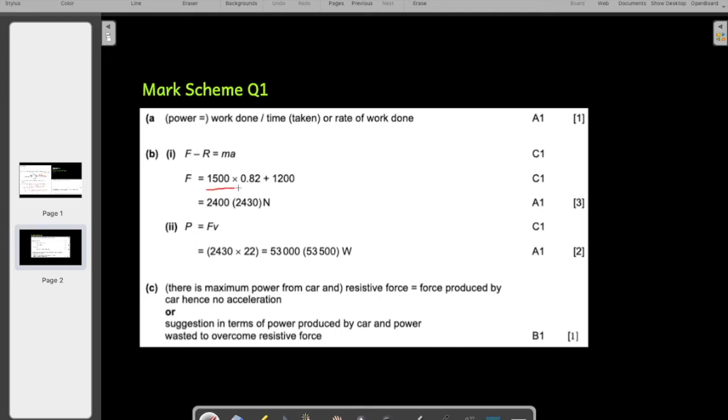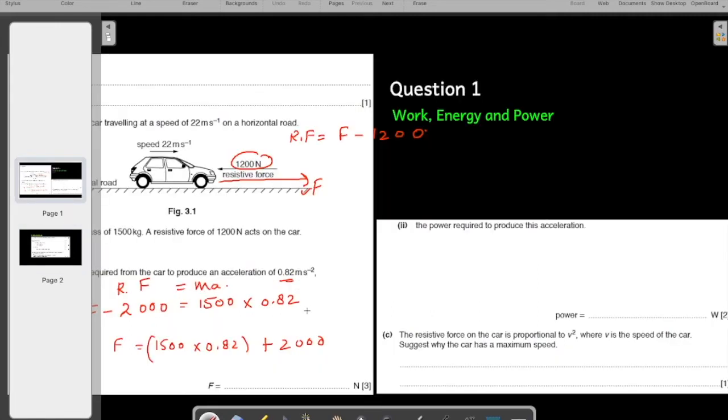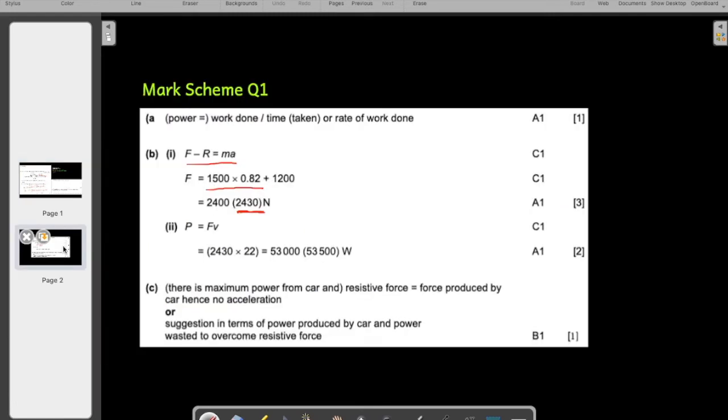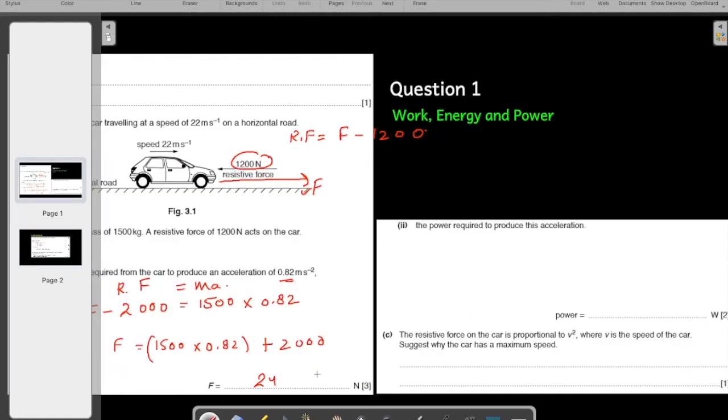They also are doing exactly the same thing. You should be getting on your calculators 2403. You can round it or you can just leave the answer at 2403. Both are correct. Sorry, it is not 2403, it is 2430. 2430 newtons.